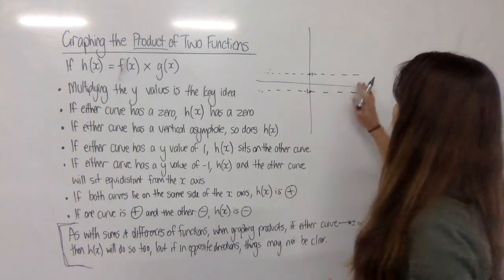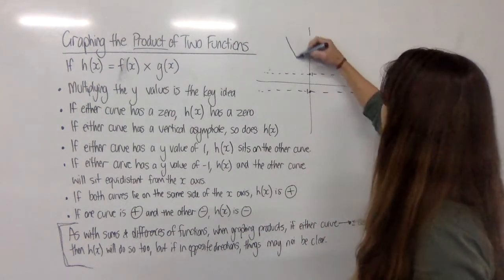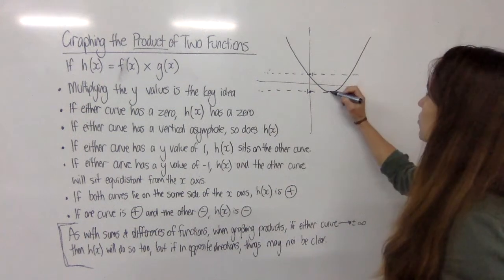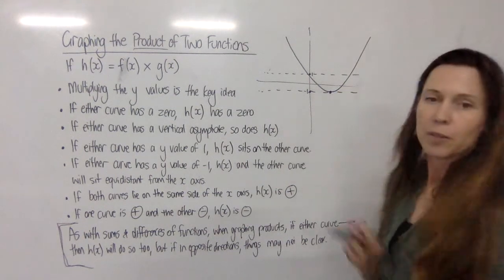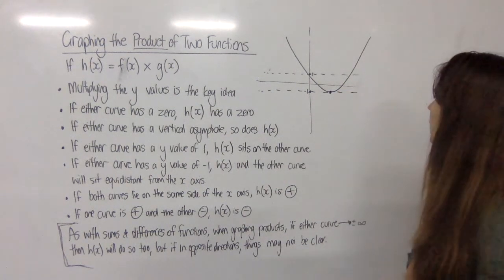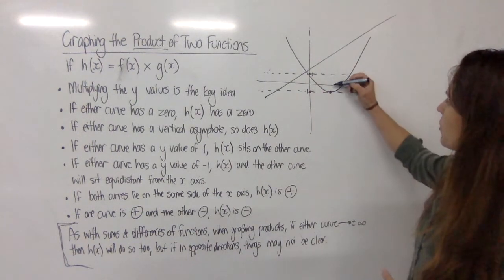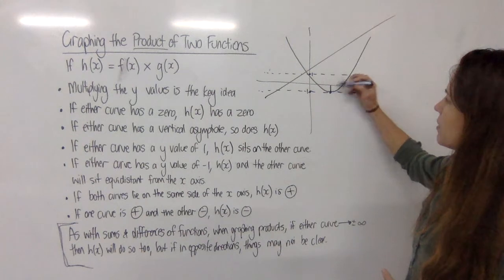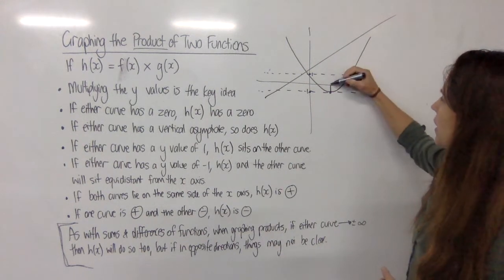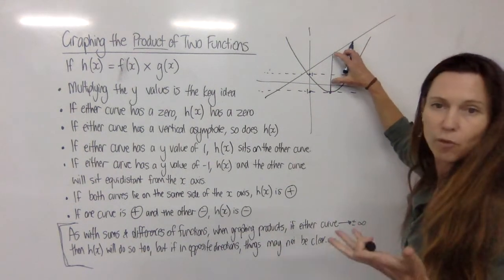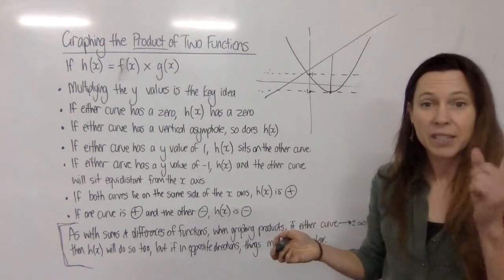So let's consider what this means. Let's imagine we've got one curve here that goes through y equals minus 1 here. And our other curve might be a straight line that's like that. Well, if we're multiplying together negative 1, which is this y value, and whatever this is, let's say it was 4, then negative 1 times 4 is negative 4.